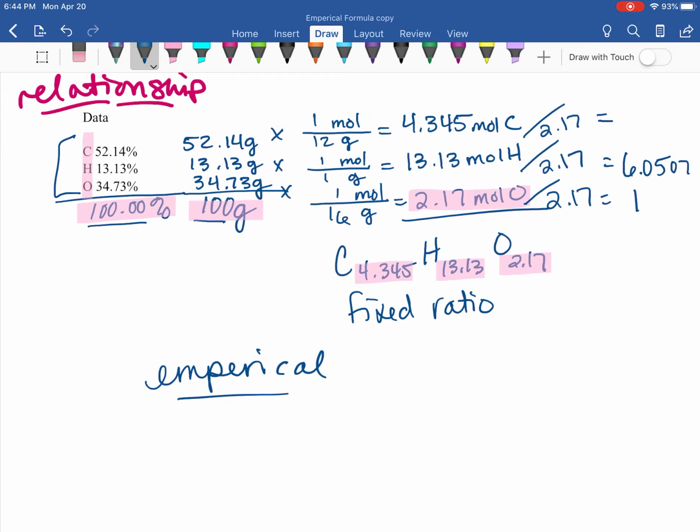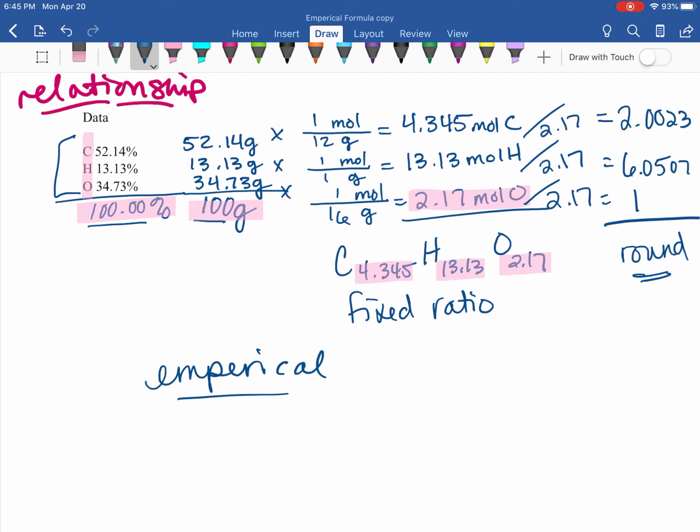And I'm getting 6.07, and then let's do 4.345 divided by 2.17, and I'm getting 2.0023. All right, now we're getting awful darn close.